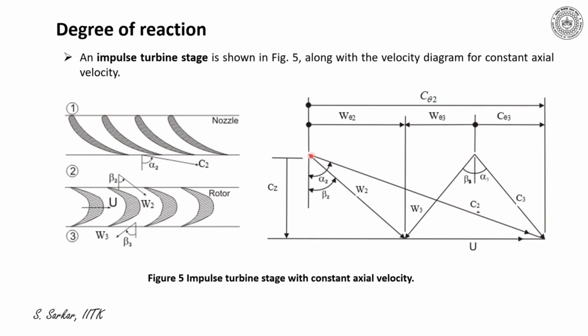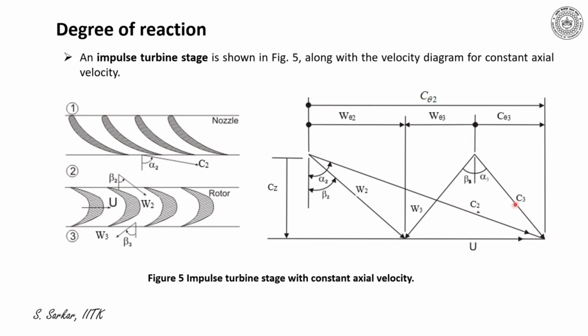W2 and U would result in C2. C2 makes an angle alpha 2 and W2 makes an angle beta 2 with the z-axis. Please note the magnitude of C2. It is very high. Now, W2 and W3 are equal in magnitude.